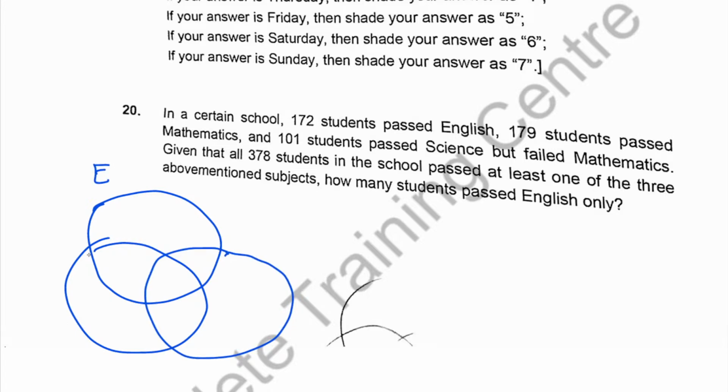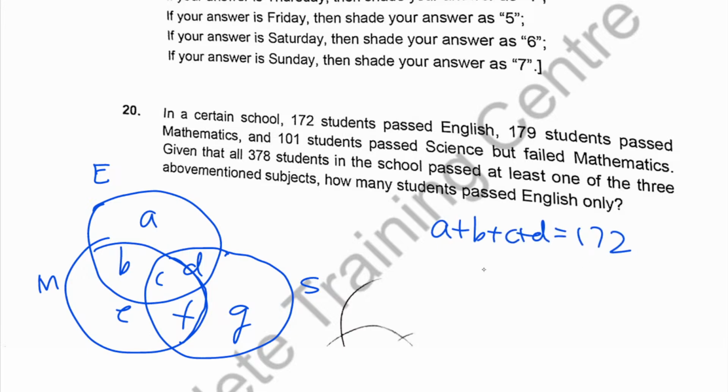So this is English, maths, and science. We know that the total for English is 172. Total for maths is 179. And then this section for science is 101. Okay, so let's label the regions A, B, C, D, E, F, G. So A plus B plus C plus D is 172.